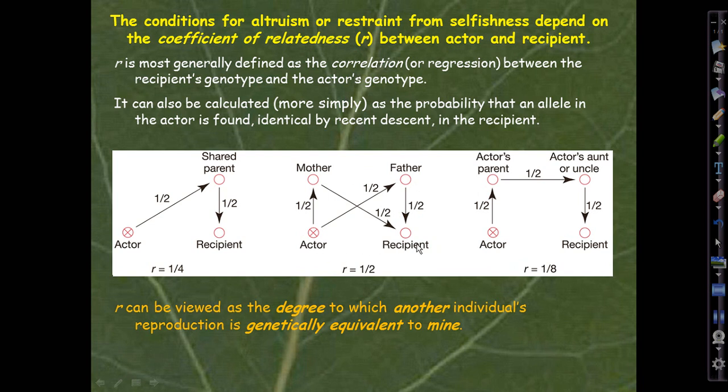I'm related to them by, you all know the answer, a quarter. I would have been related to my own kids, had I had them, by a half. So my nieces are genetically half as quote unquote good in this sense as my own kids would have been. All right, so that says, one offspring, two nephews or nieces. It's a wash.